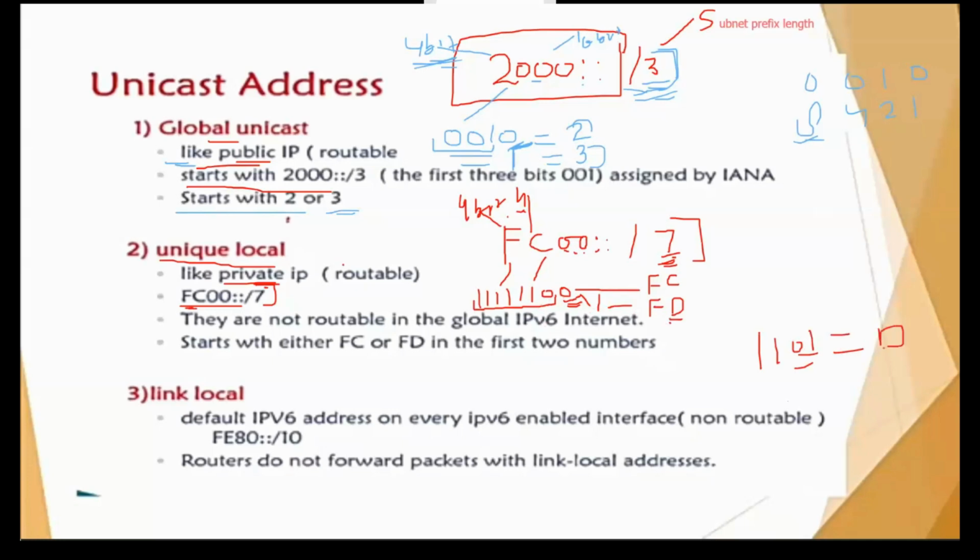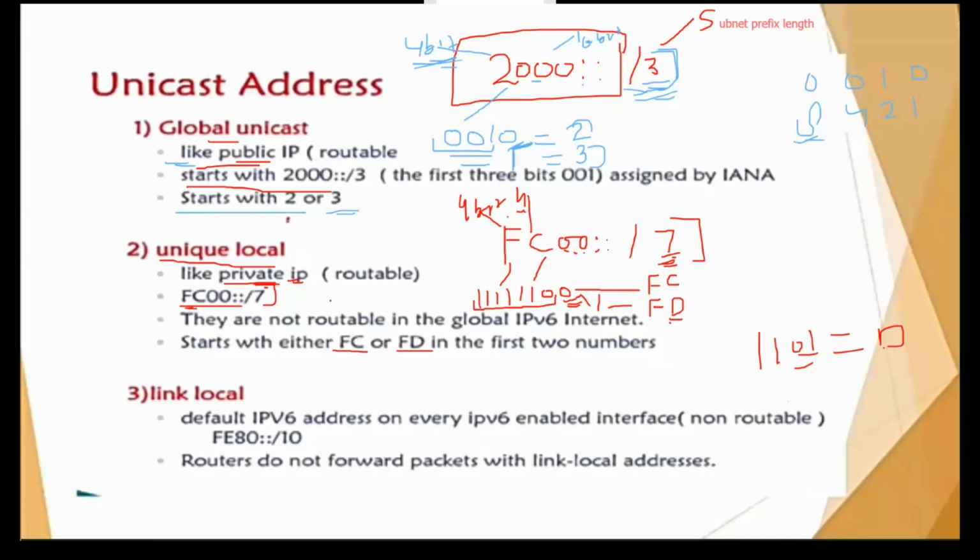In a private IP address, at the start, either FC or FD can be there. Two values: start with either FC or FD in the first two digits. After that, any value can be there, from 0 to 9 and A to F. That will work.